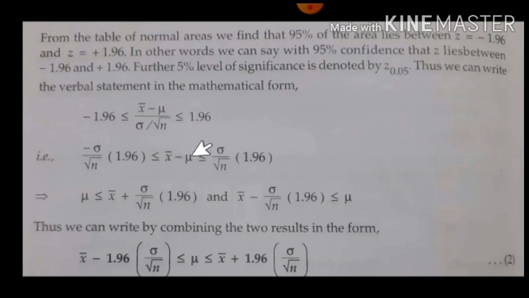Now I wanted to take mu to the left side, so mu taken to the left side is less than or equal to x bar, and bring this term to the right side, so it becomes plus. Now let me discuss this. I need to define what mu is. So the negative sign has to go, meaning bring that to the right side, so it becomes plus. So here it is brought to the right side and this term to the left side, so x bar minus.